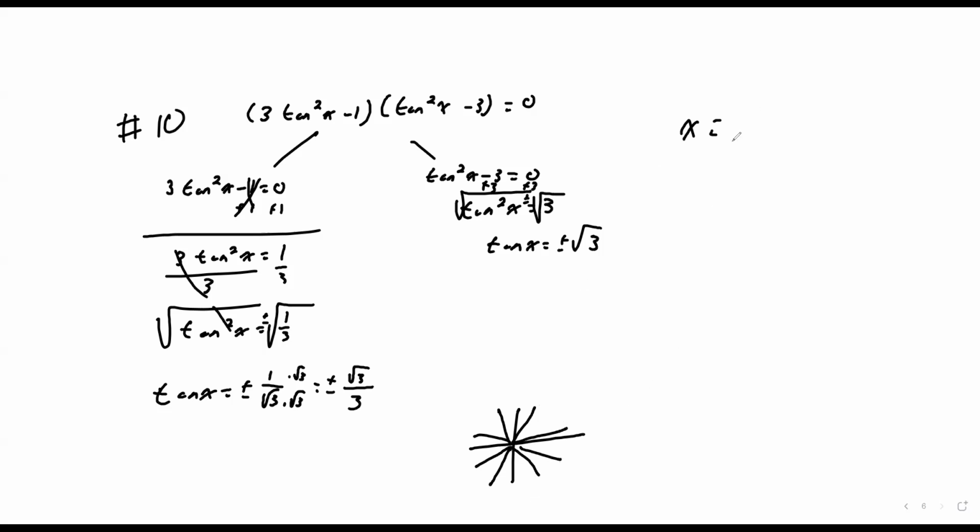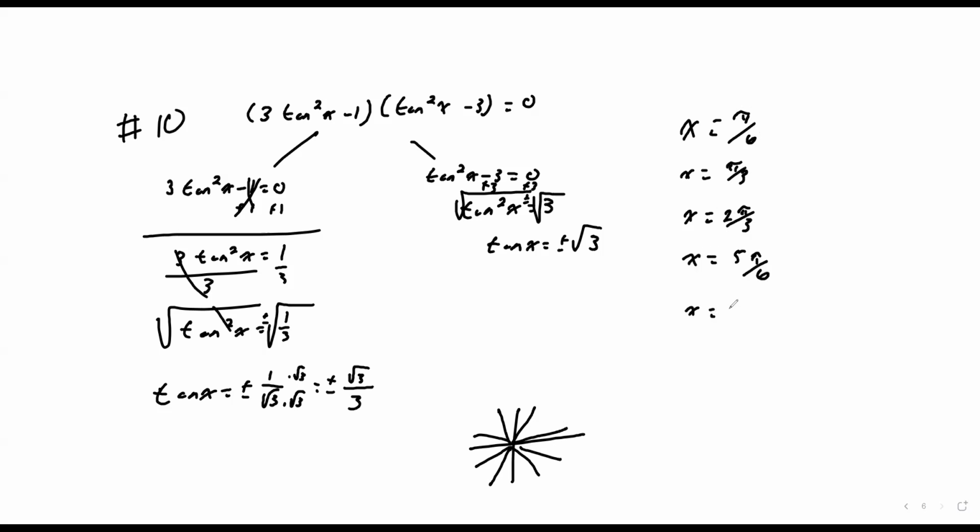So what happens is if you had, again, from 0 to 2 pi, you would have pi sixths as an answer. You would have pi thirds as an answer. Then you would have 2 pi thirds. Then you would have 5 pi sixths.